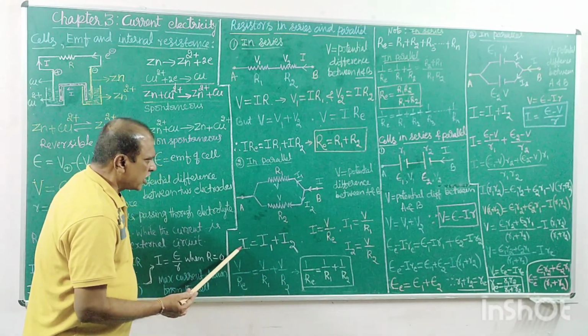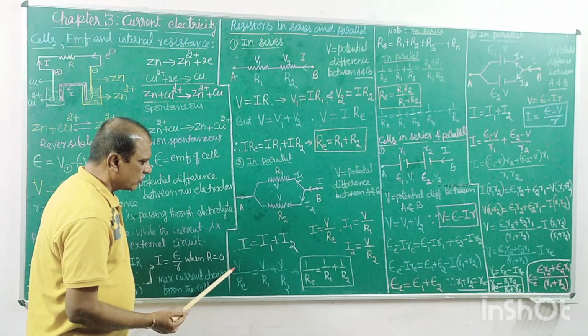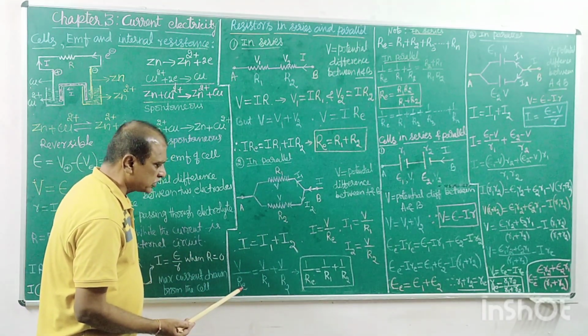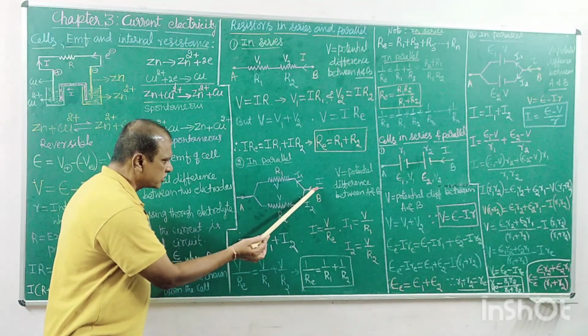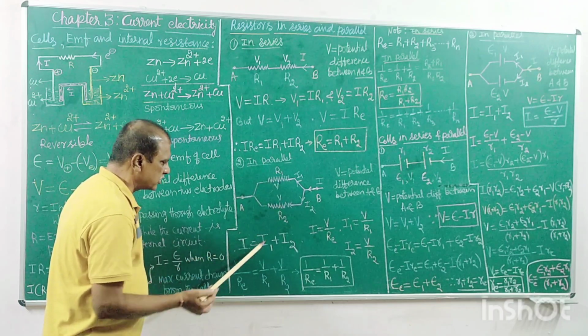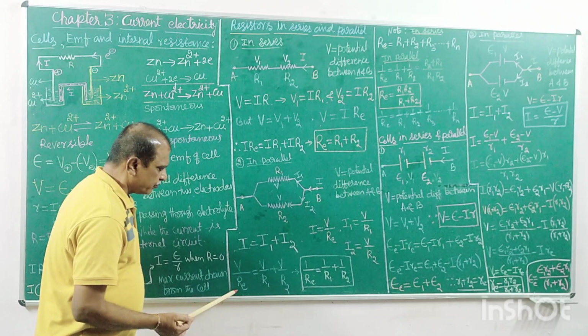There is a total current, and the total effect is V by, what is the total? That is the total resistance RE, the effective resistance. The potential remains the same across these two points. So V by RE.